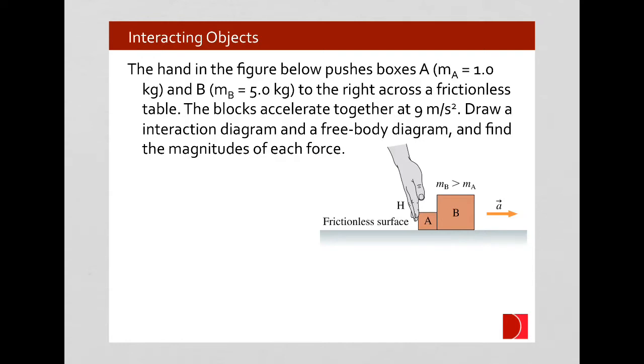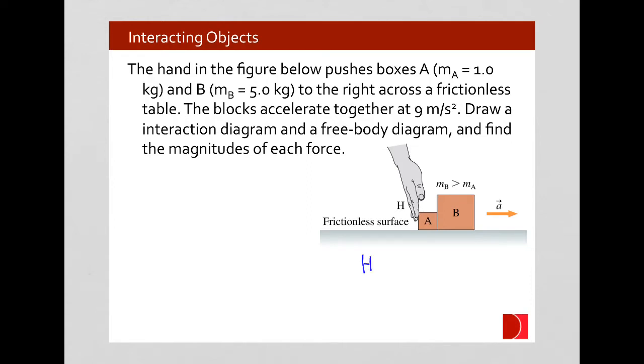So when we look at an interaction diagram, we're looking at what is actually in this situation. We have a hand that's pushing on one block. That block is pushing into another block. These blocks are sitting on a horizontal table.